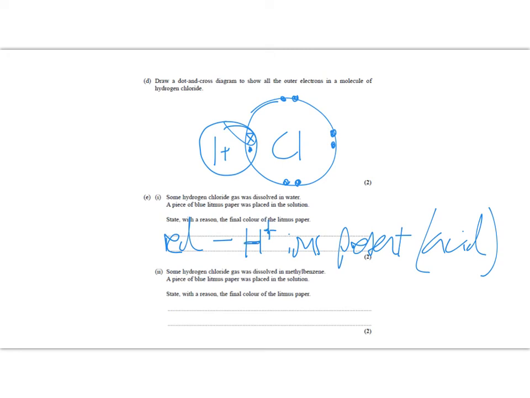Okay, so because there are no H+ ions present, the litmus paper stays the same colour, so it stays blue, and it does that because there's no H+. Okay, it's not an acid. It's not fair to say it's an alkali, it's just fair to say that it's not an acid. And there ends that part.